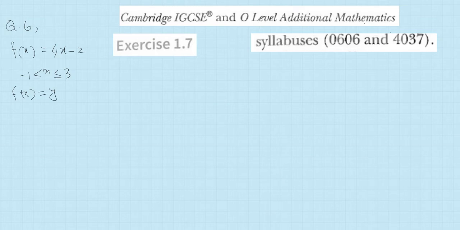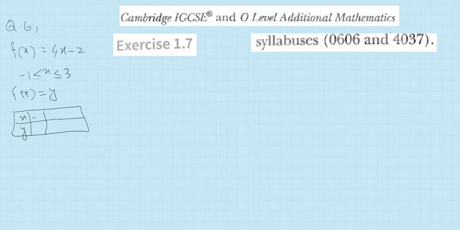So we have to make the box first, take the values of x. Now we are restricted to take the values of x because in this case the domain is given. If the domain is not given, then we can take any random value. But for this particular question, we have to take the values of x from minus 1 to 3.